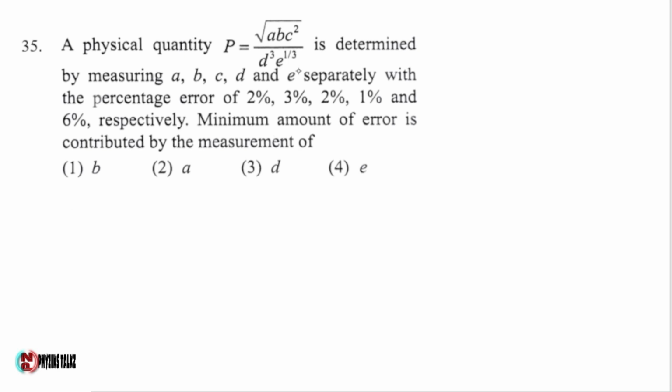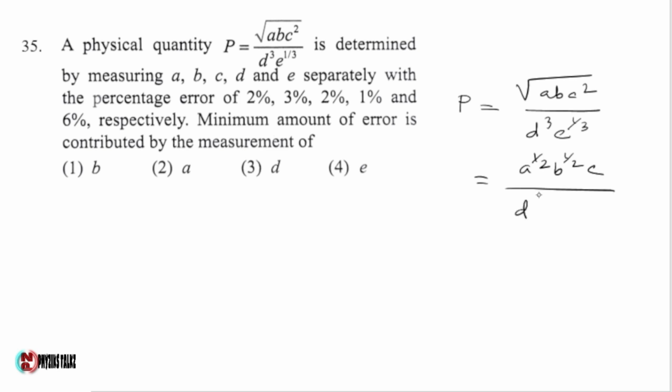Next question. A quantity P is given as root of A B C square by D cube to the power 1/3, which is written as A to the power half, B to the power half, C by D cube, E to the power half, whole to the power 1/3.